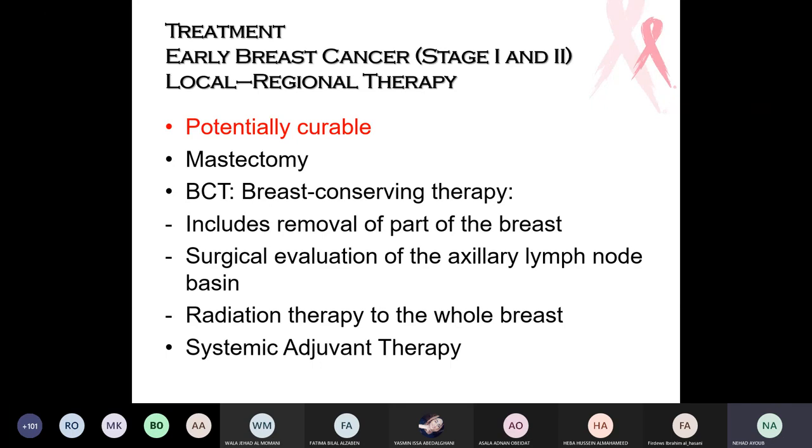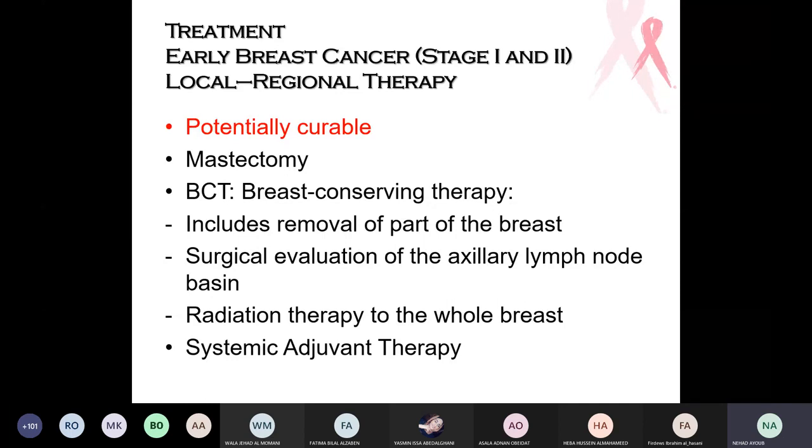Now in general, breast conserving therapy or surgery, okay, is done for patients who are stage 1 or 2 with very small tumors, and most likely we rule out or don't have big doubts about lymph node involvement, okay.